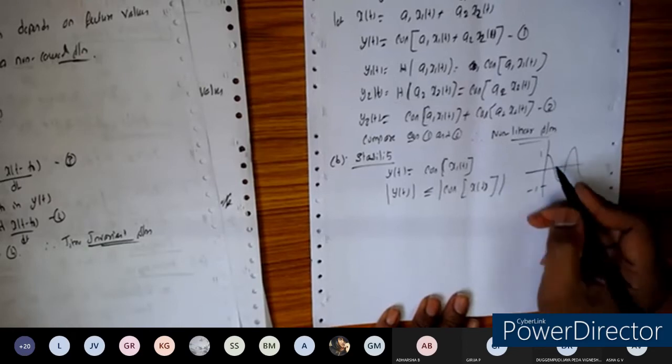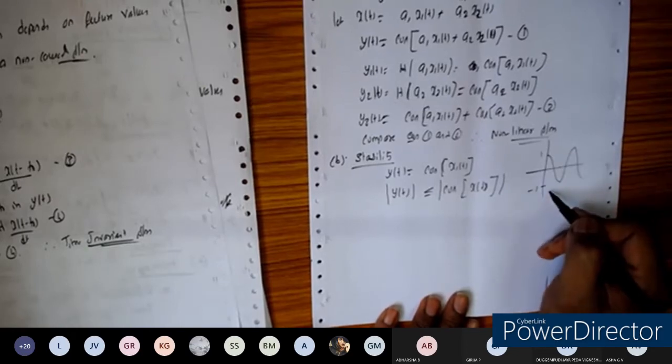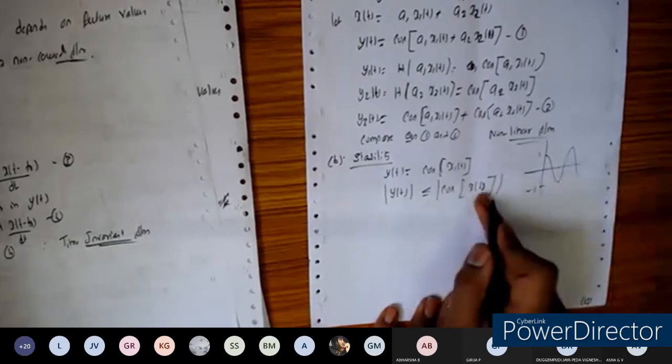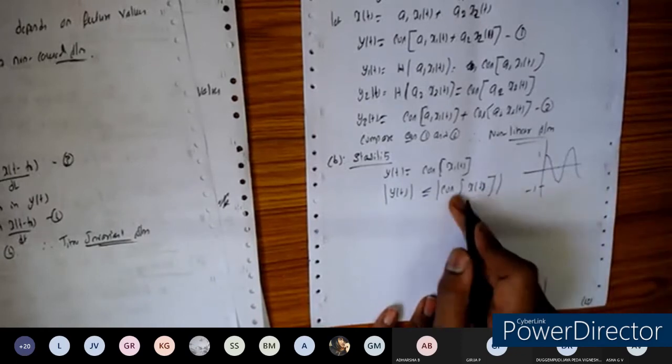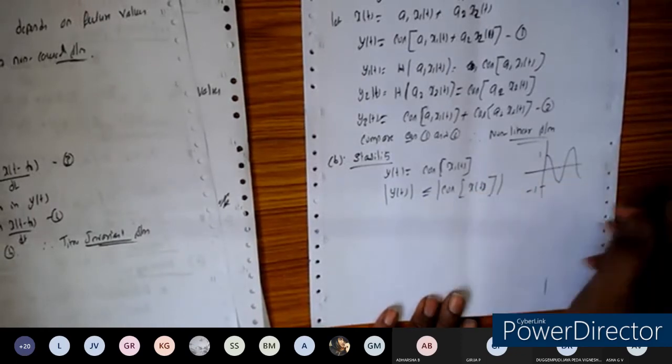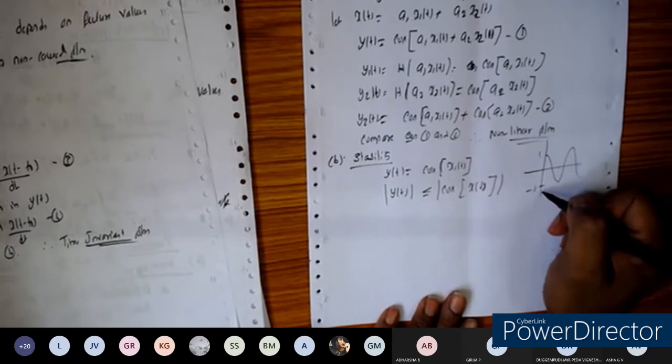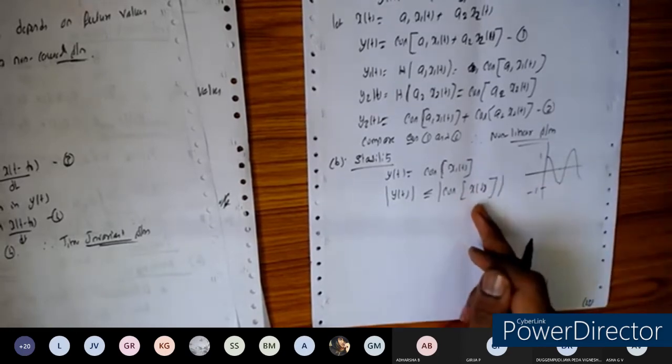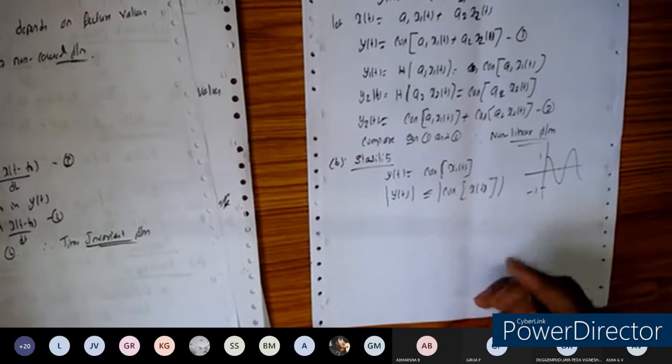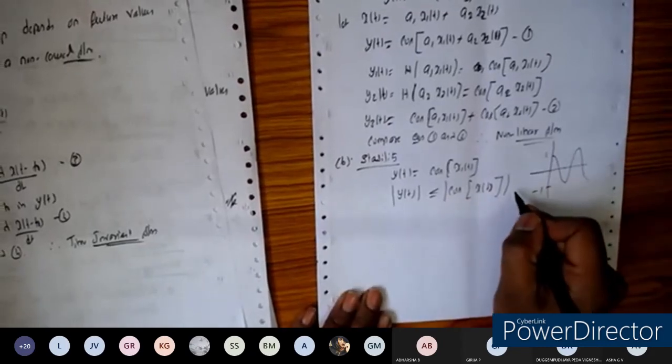So the maximum value is plus 1 and the minimum is minus 1. Since we take the magnitude, cos of any signal lies between plus 1 and minus 1, so the magnitude is at most 1.